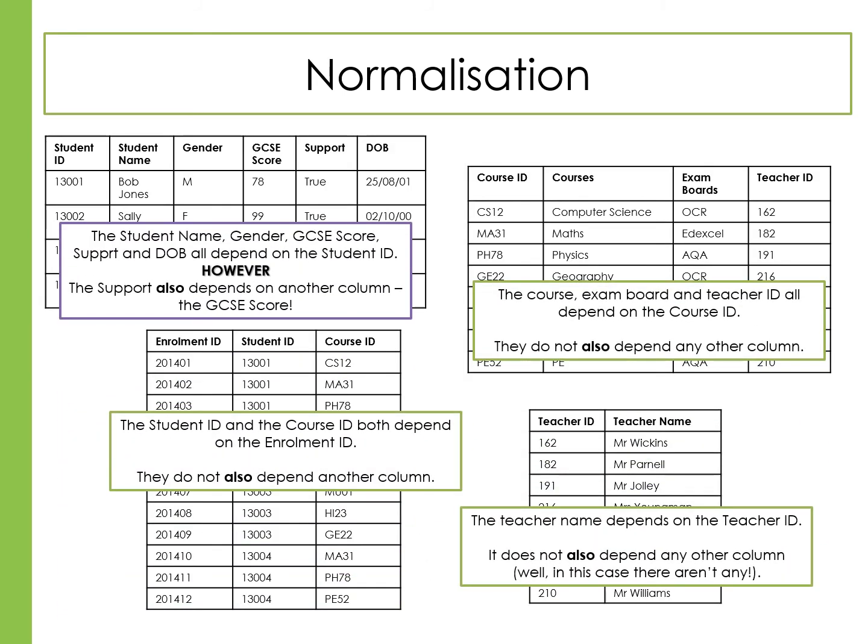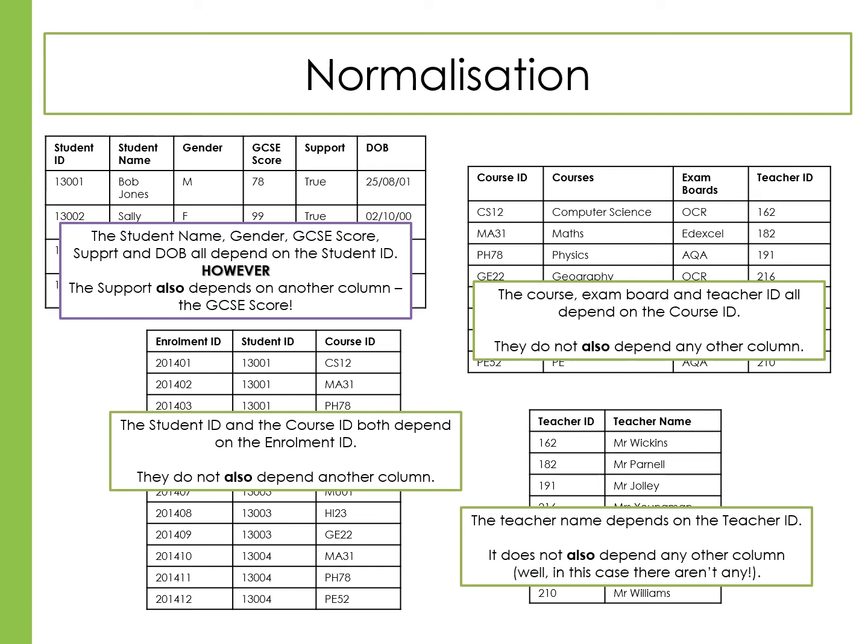Let's have a look at this now. Looking at the course table, we have our primary key, the course ID, and course, exam board and teacher ID all depend on course ID. They don't depend on any other column.